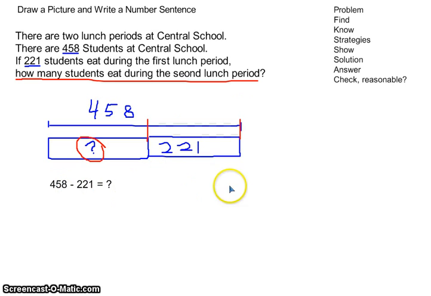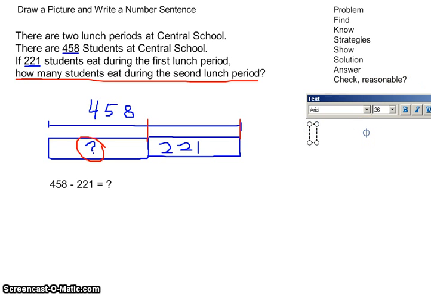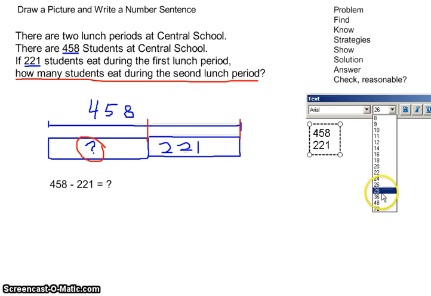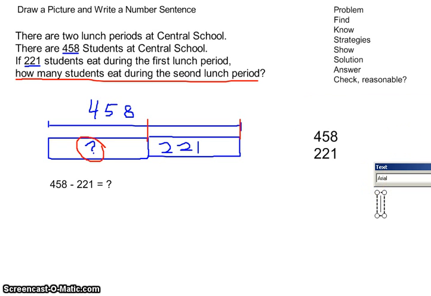by subtracting. And now I'm actually going to show my work here by doing the subtraction. So I do 458 and 221. And let me make this bigger so I can work with it more clearly. Put a minus symbol, subtraction symbol here, and an equals bar underneath.